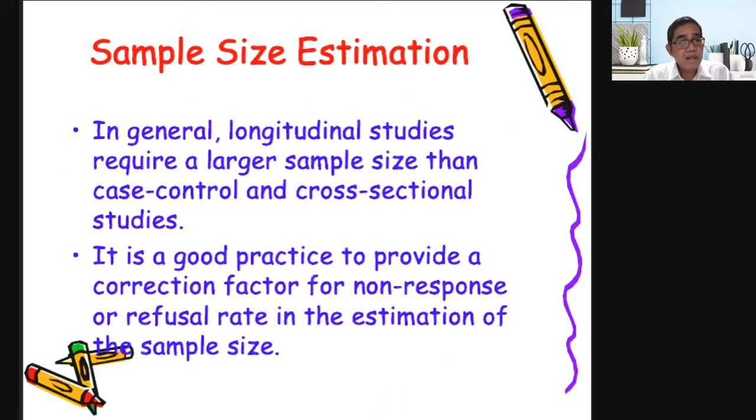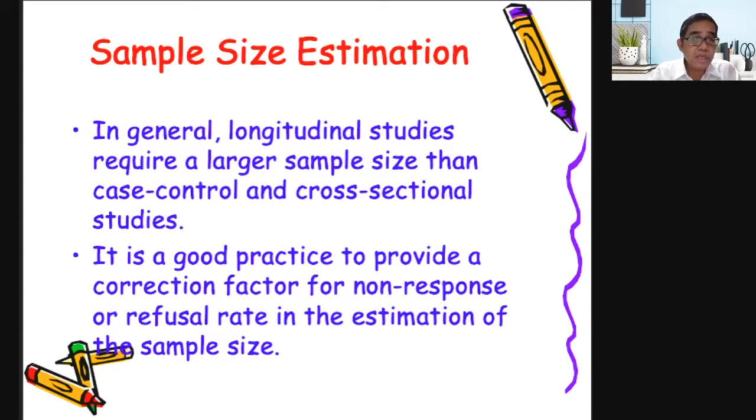In general, longitudinal studies require a larger sample size than case control and cross-sectional studies. In longitudinal studies, we collect data prospectively, and because there can be losses to follow up, we require a larger sample size.